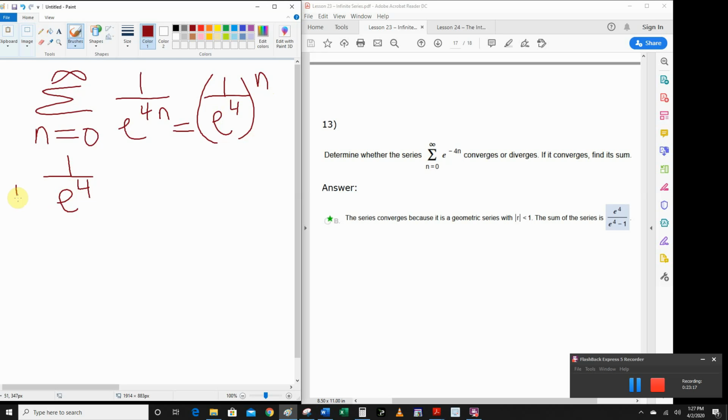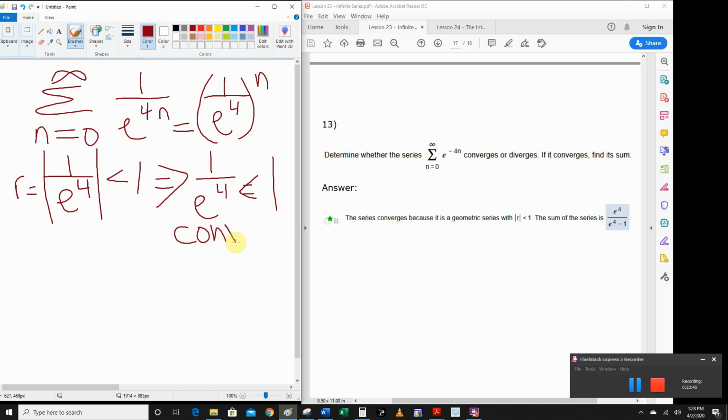Our ratio is 1 over e to the 4th power. And for a geometric series to test convergence, take the absolute value of your ratio and see if it's less than 1. And when you put 1 over e to the 4th in your calculator, it is indeed less than 1.